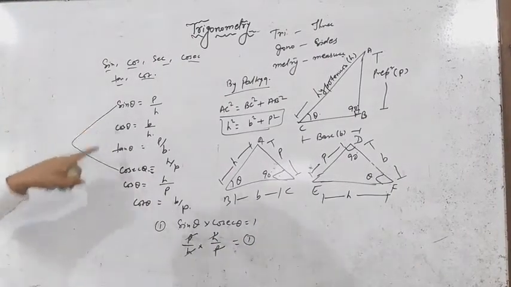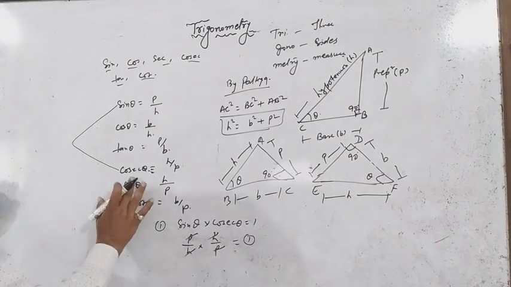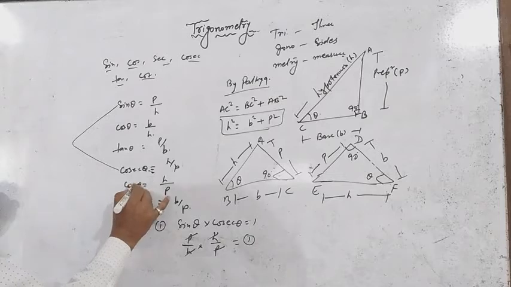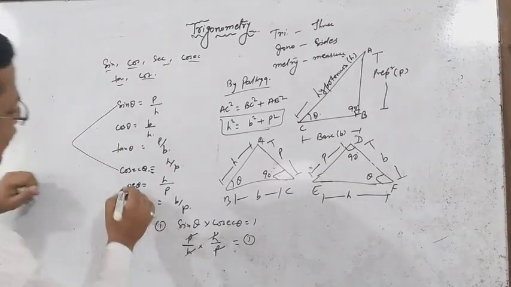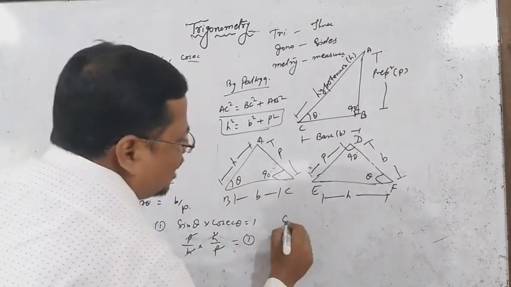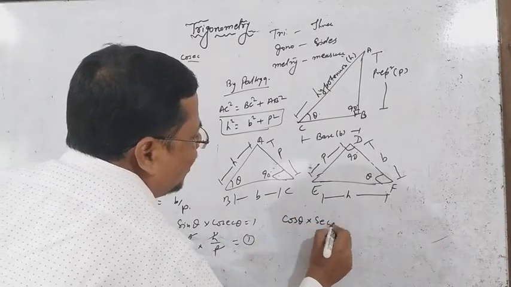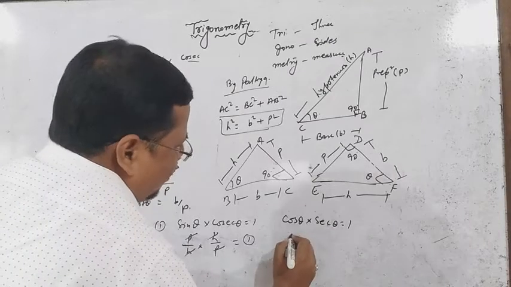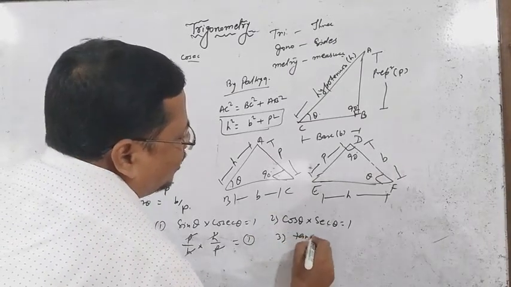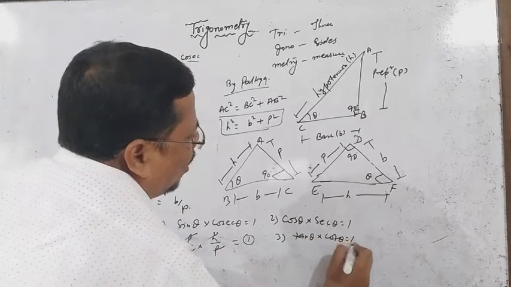Similarly, cos theta and sec theta: cos theta into sec theta we get 1. Similarly, tan theta into cot theta equals 1.